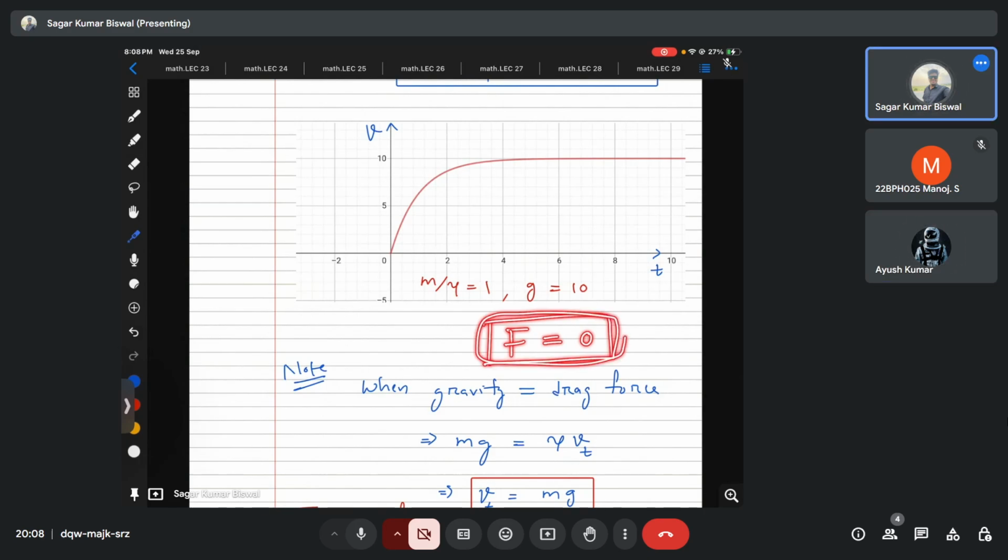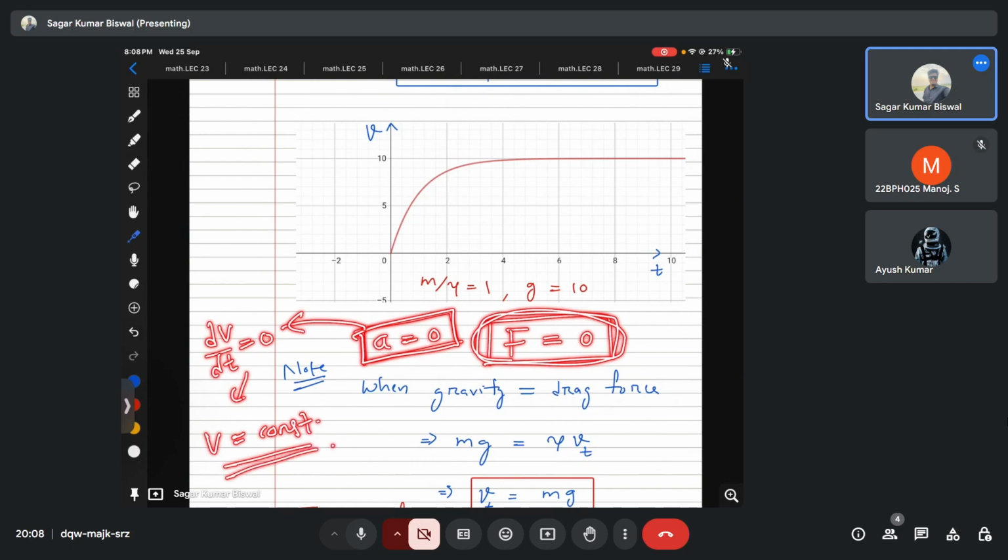So that means acceleration is zero, right? Then what is this meaning? Then dv by dt is zero. Then what is the meaning? That v is constant, right?